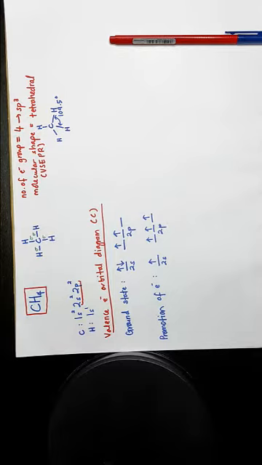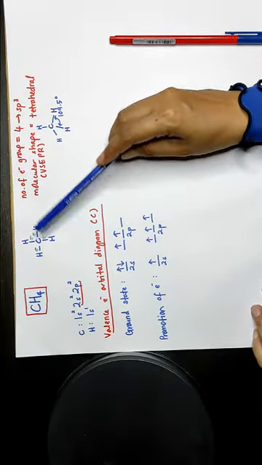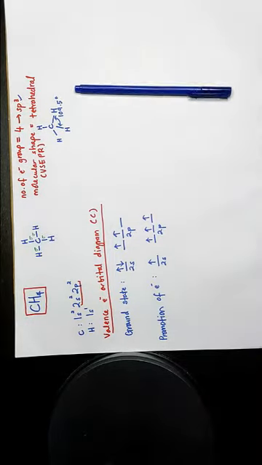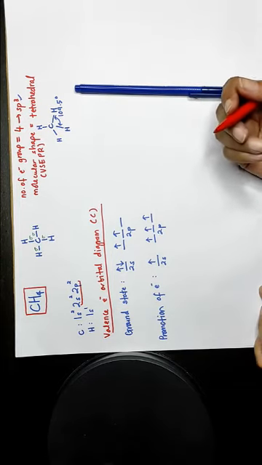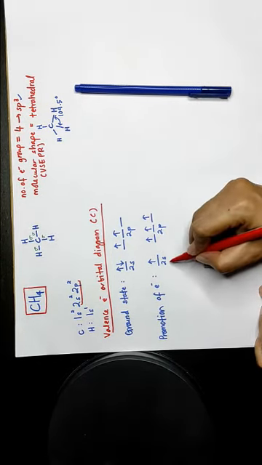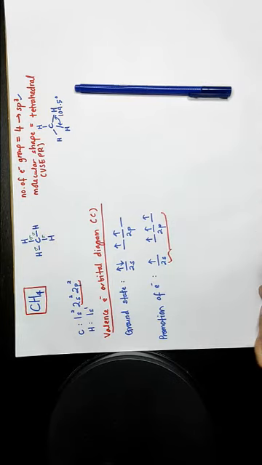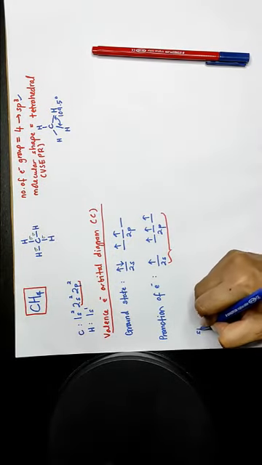Before the sigma bond is formed, carbon undergoes sp3 hybridization. So how is the sp3 hybrid orbital formed? By mixing 1 s orbital with 3 p orbitals. So we will get a new hybrid orbital.